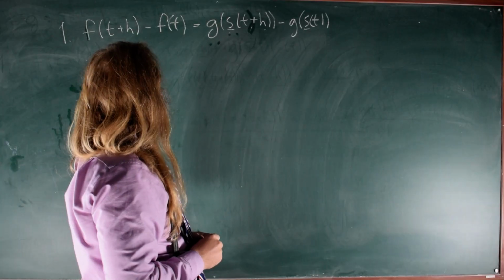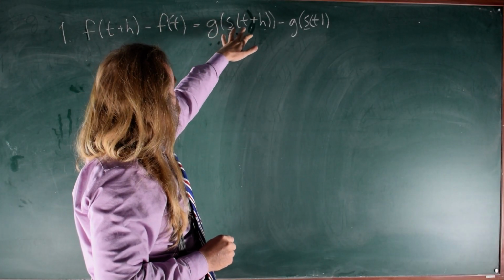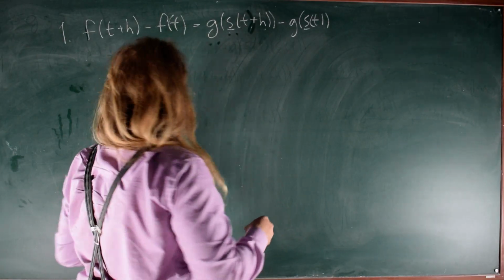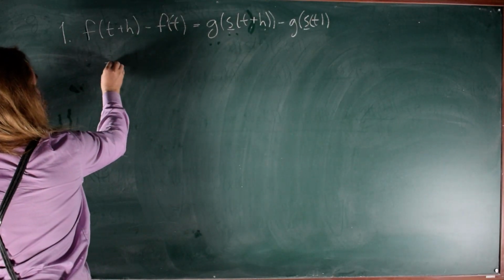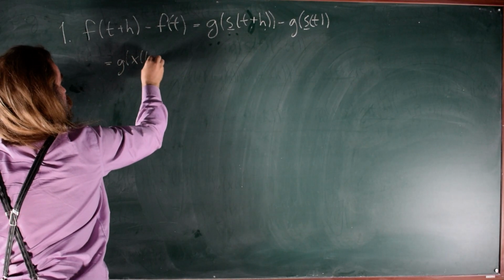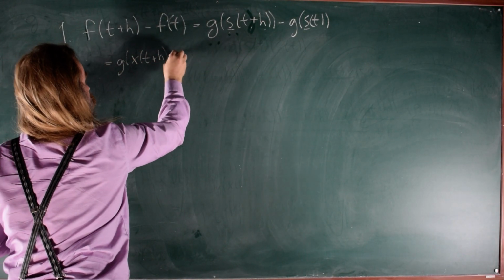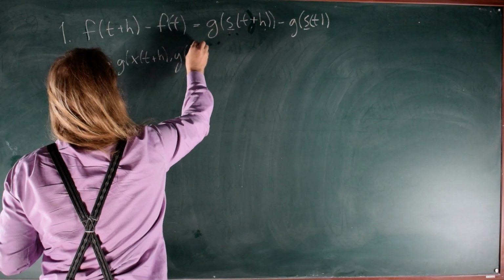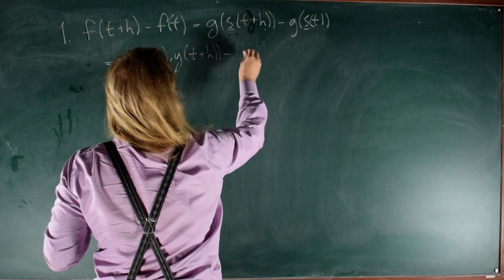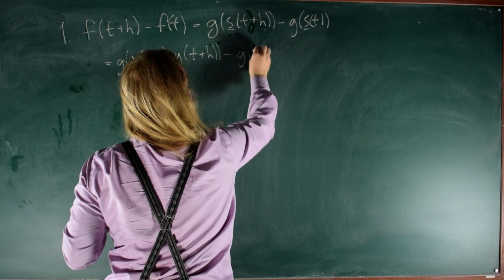Now I'm going to split s into its coordinate functions, which I'm going to call x and y. So this is the same thing as g of x of t plus h, comma y the same, and then I'm going to subtract that little thing over there.